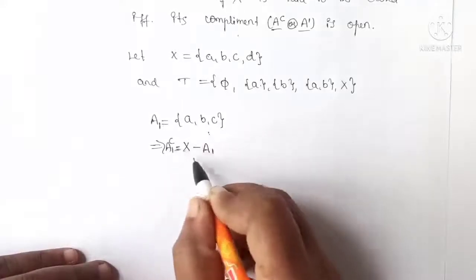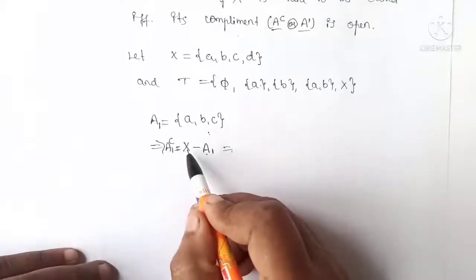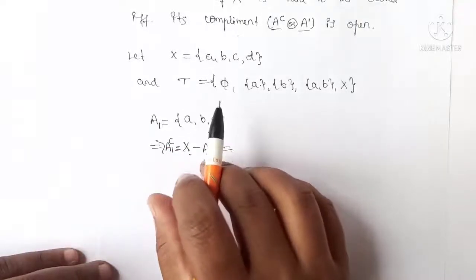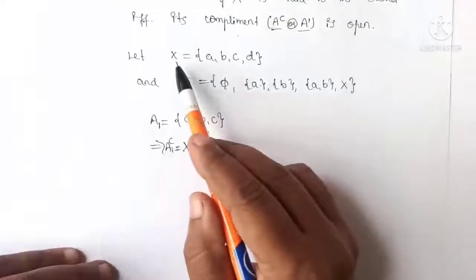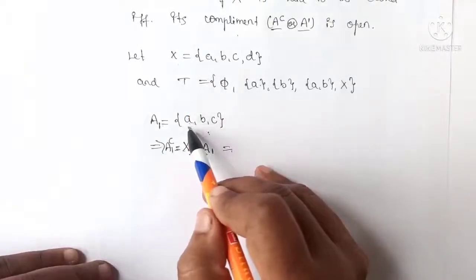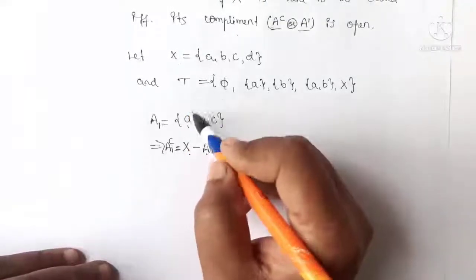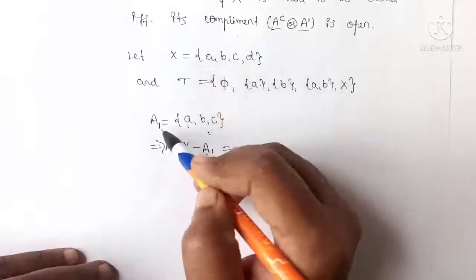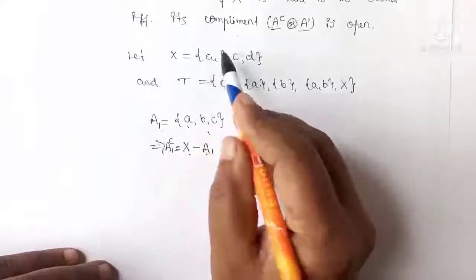So X minus A1 consists of only those elements from X which do not belong to A1. You can observe that A belongs to the set A1, therefore we leave it, and B also.